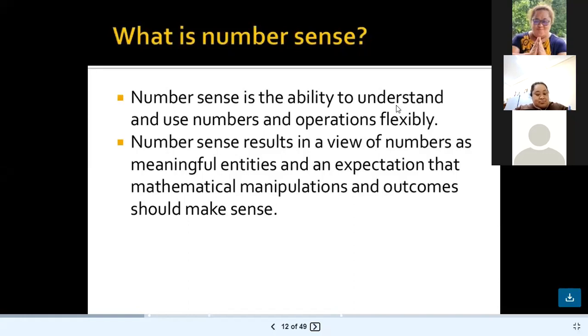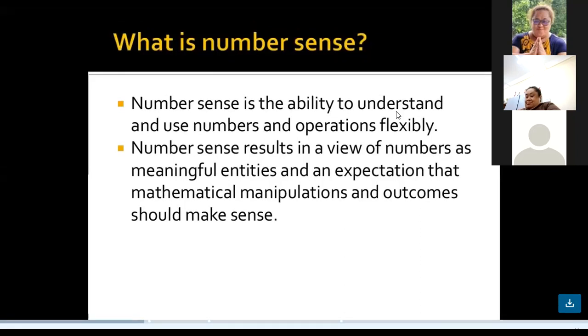Okay, so number sense is the ability to understand and use numbers and operations flexibly. Wherein this number sense is the ability of a person that he or she is able to understand numbers, write numbers, and also recognize the operations needed in a flexible way. And also, number sense results in a view of numbers as meaningful entities, in an expectation that mathematical manipulations and outcomes should make sense.